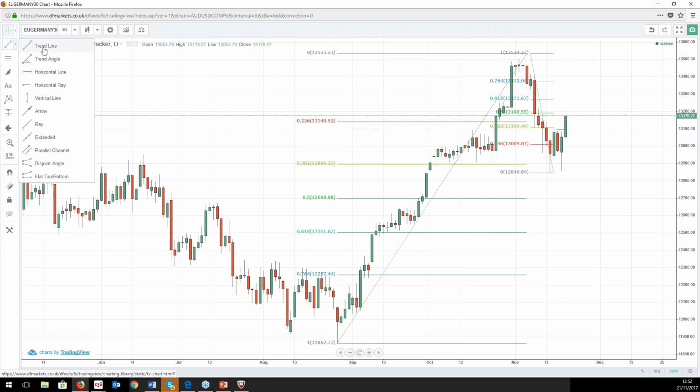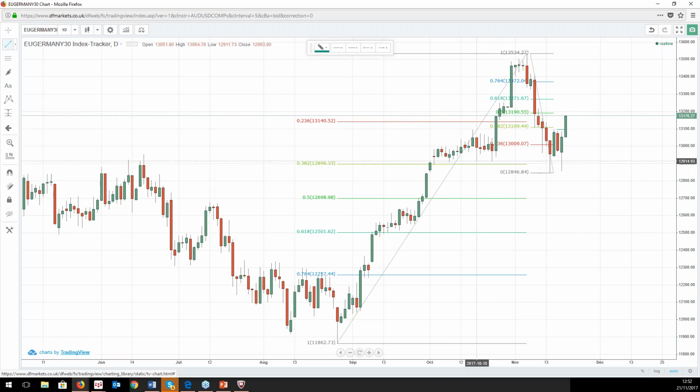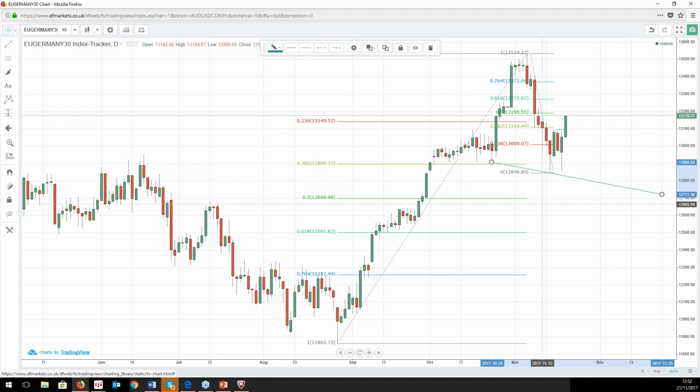The neckline is something like there. So we'd actually get the sell signal from the head and shoulders after we broke this low here, because it's a downsloping neckline. It does look a bit like it might be a head and shoulders, but I'm not going to get excited about that idea yet, because we're just heading higher again at the moment. So too early to say.